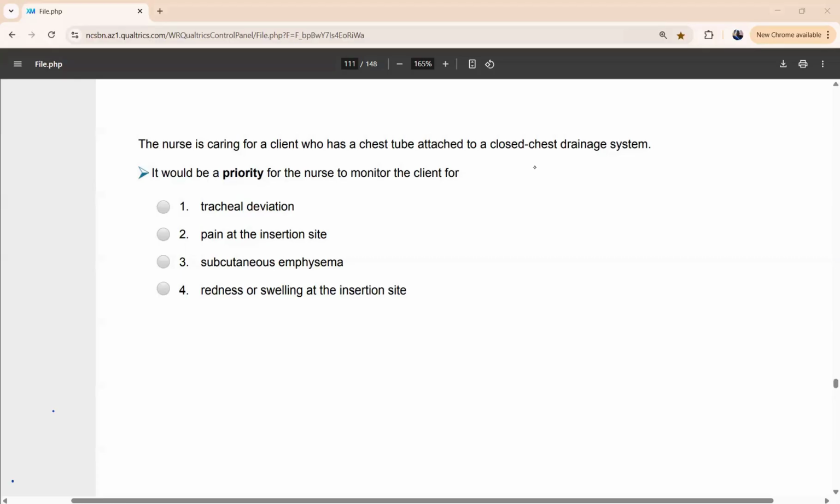And four, redness or swelling at the insertion site. This is also a red flag for me because if there's redness, swelling, and warmth, that indicates an infection. So one and four are now my priority. I have to choose between one and four. I will go with four because the patient is at risk for infection. So I'll choose four.